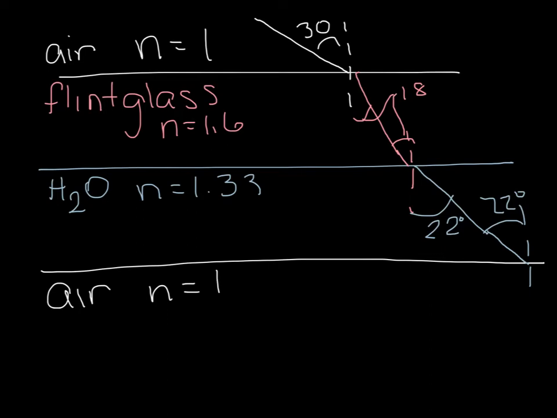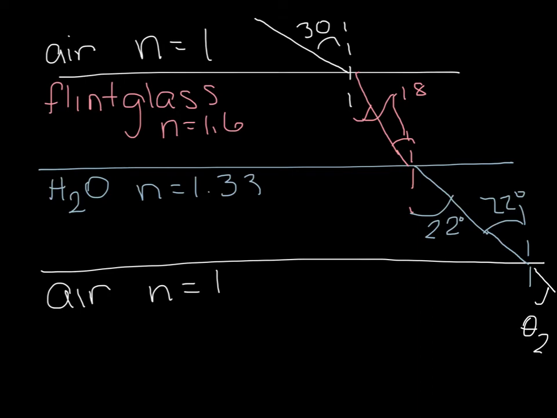We know the angle of incidence is 22 degrees. We know n is 1.33 for water and 1 for air. This is a larger number, so this angle here should be larger than 22 degrees. This is the angle we're hunting, theta 2.